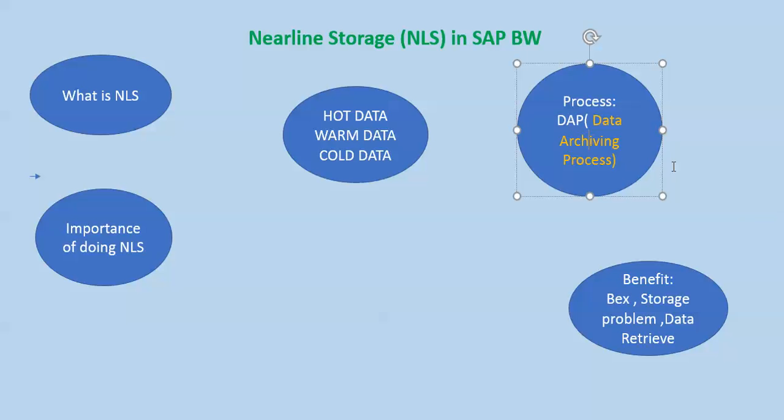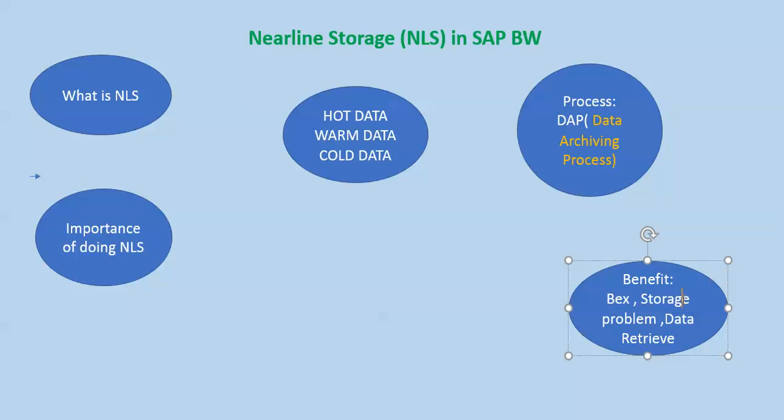Now I'm coming to the last part, the benefits. I hope I have told you many of the benefits, but let me go through them once again. The first benefit is reporting. For example, with BEx reporting, even if you archive the data, you have the possibility to make reports on it. But the important part is that if you archive the data, you cannot use it for transformation or any kind of calculation in the transformation or in a program.